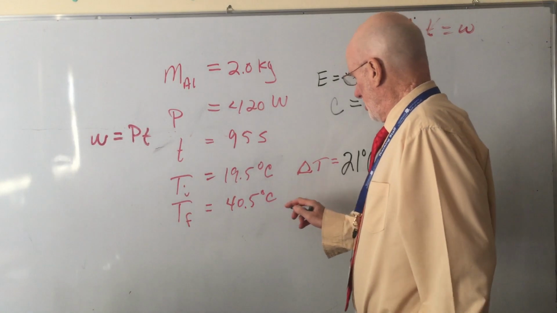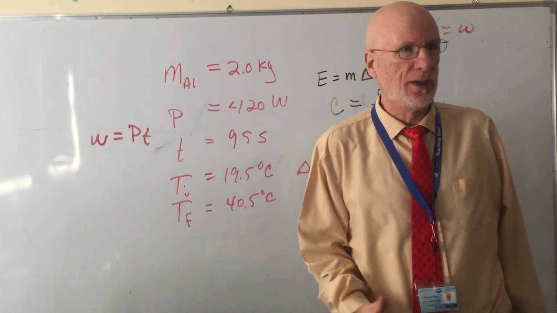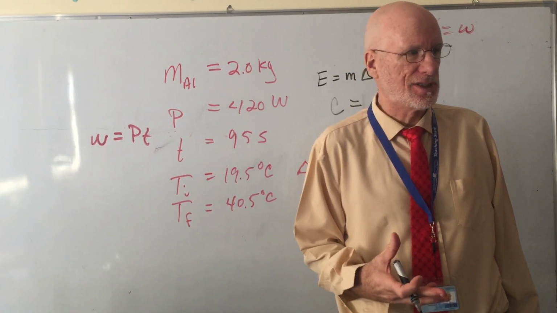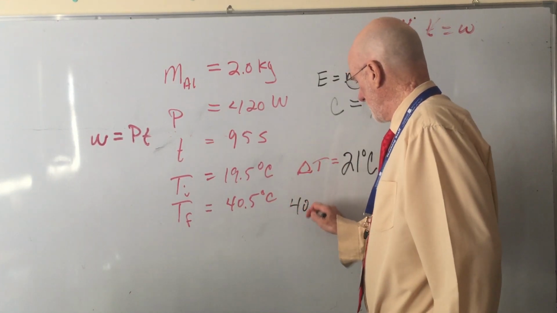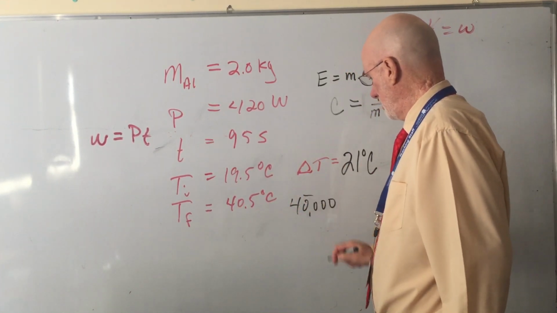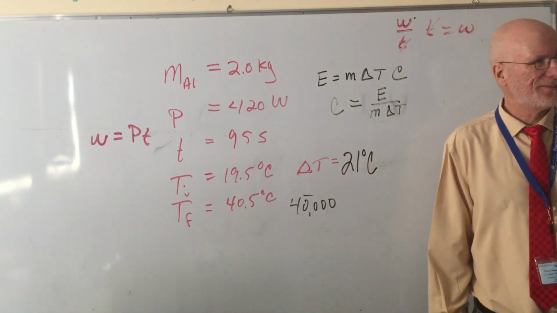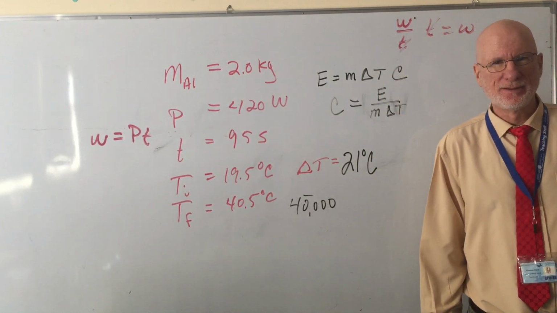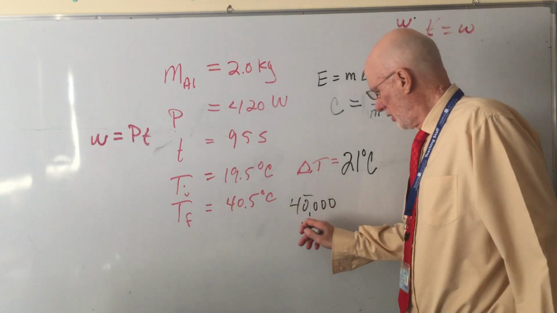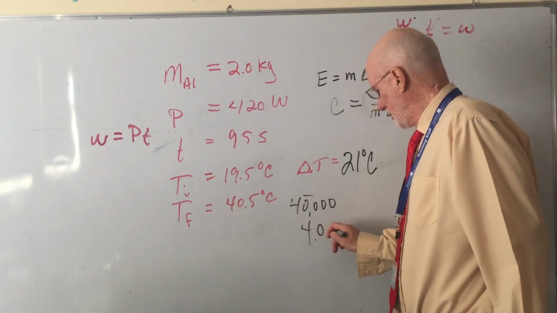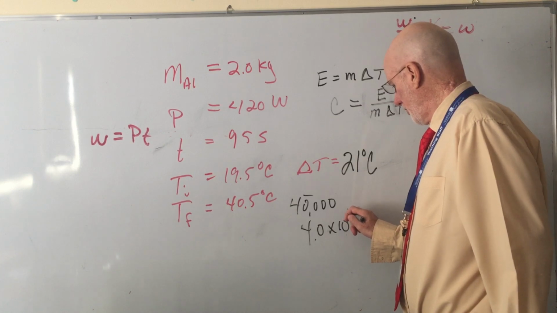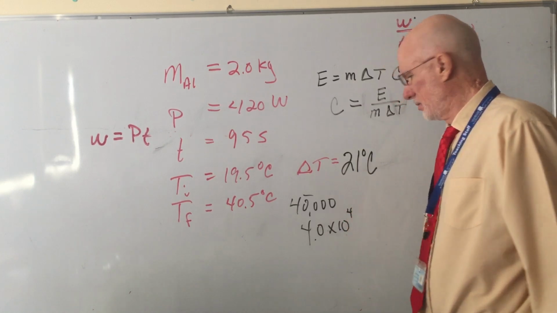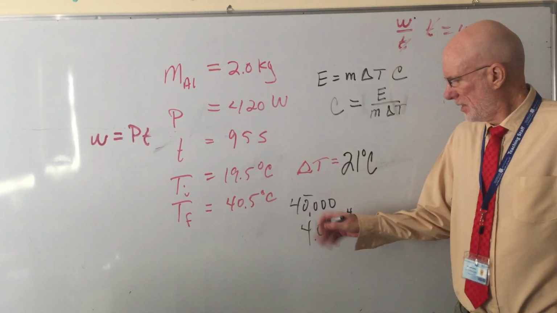The way you would do it officially, without using scientific notation, you write 40,000 like this. That's how you would do it. Otherwise, you'd say 4.0 times 10 to the fourth. Either way is fine.